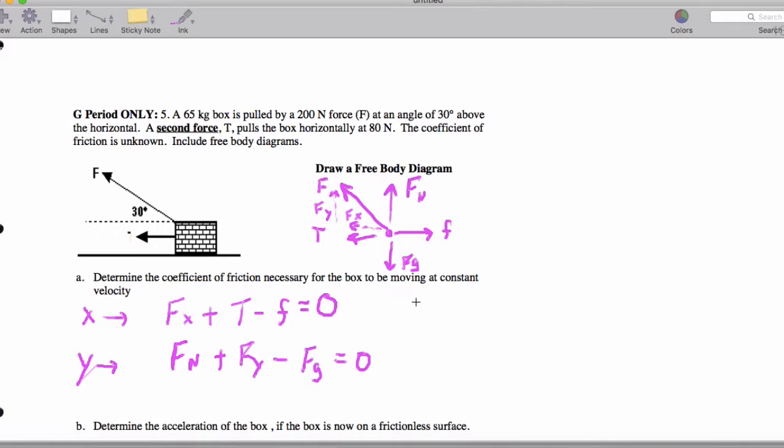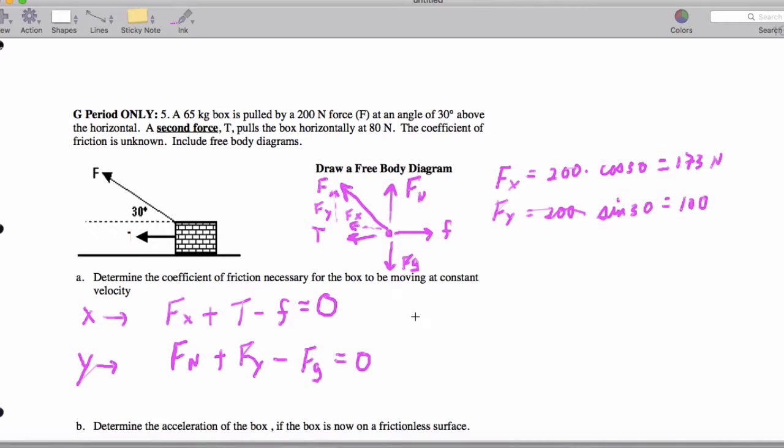Now let's put in some numbers. So Fx and Fy, we get that using SOHCAHTOA. Fx is 200 times the cosine of 30. Fy is 200 times the sine of 30. So this ends up being 173, and this ends up being 100.